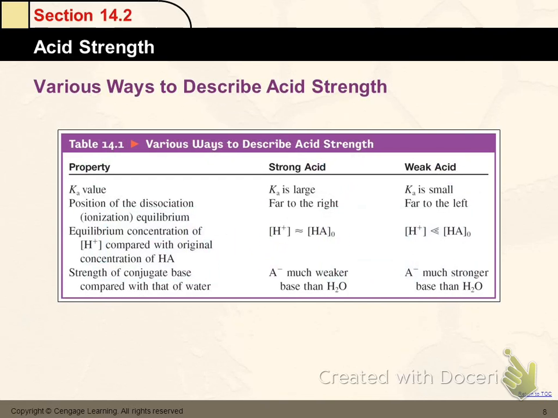Now, here are some relationships that we want to keep in mind. If our Ka value is very large, that means that we're dealing with a strong acid, versus if it's very small, it's going to be a weak acid. Here are a couple other things that you just want to keep in mind. You can take a moment and pause the video and then come back to it at another point.